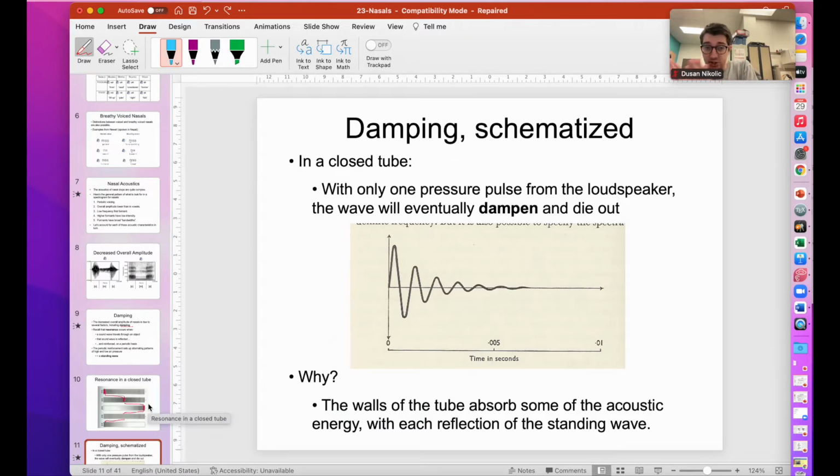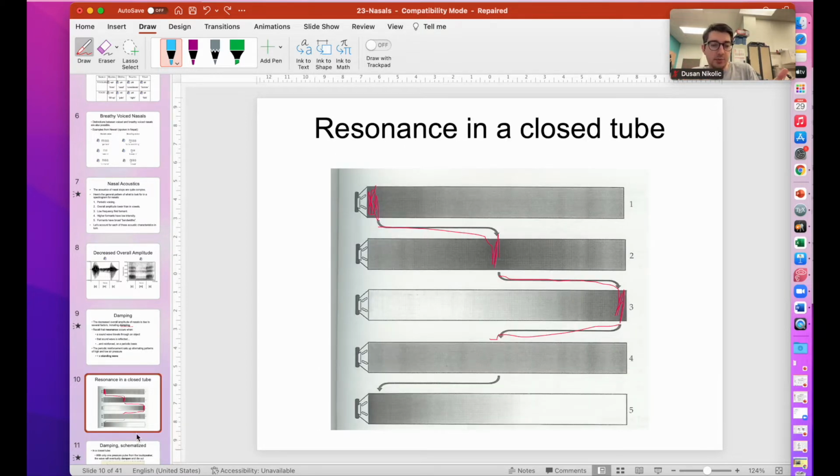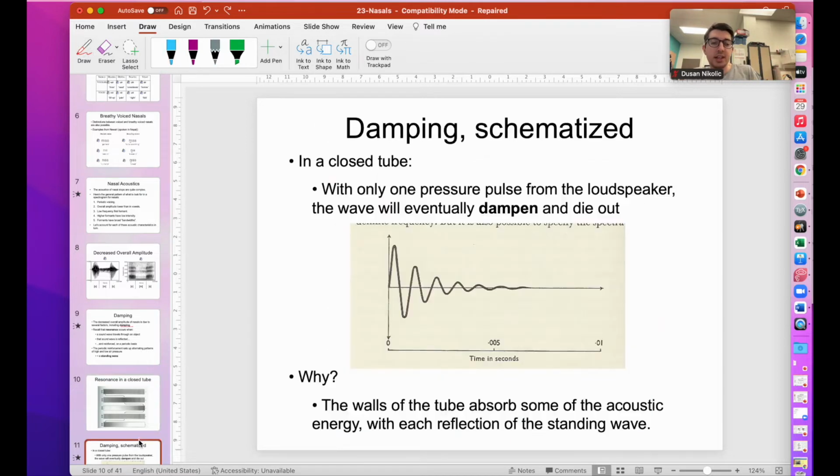However, if a tube is closed, right, and if we do not try to get another pulse, and then another pulse, and then another pulse, the pressure will dampen, right? It will die out. Why? Well, the walls of the tube absorb some of the acoustic energy with each reflection of the standing wave.